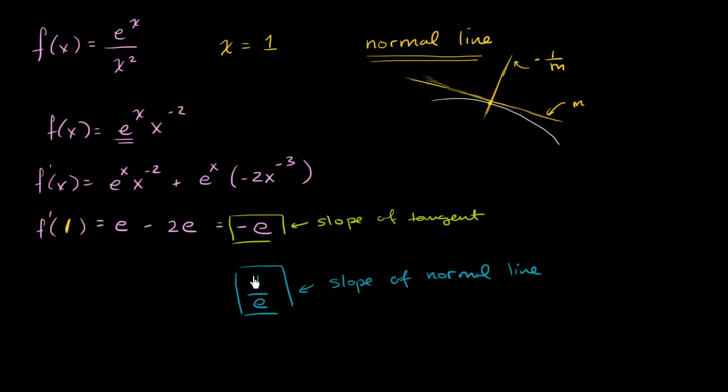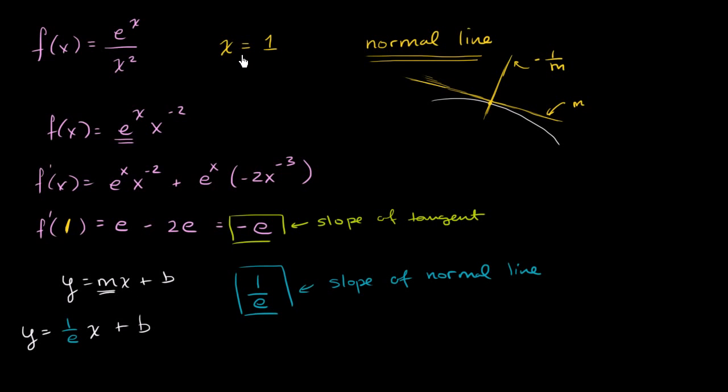And our goal isn't just the slope of the normal line, we want the equation of the normal line. And we know that the equation of a line can be represented as y is equal to mx plus b, where m is the slope. So we can say it's going to be y is equal to 1 over e, remember we're doing the normal line here, times x plus b. And to solve for b, we just have to recognize that we know a point that this goes through.